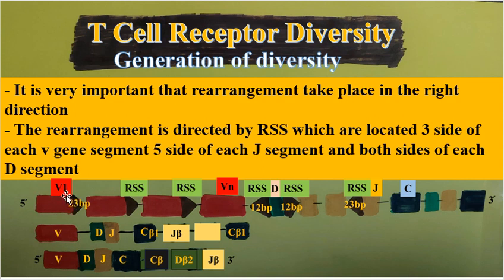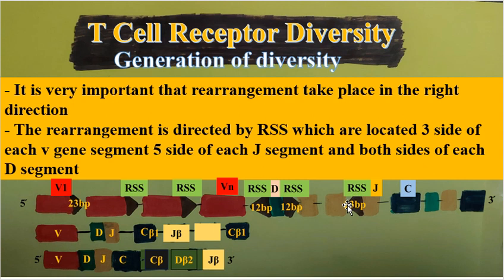This is a variable gene segment, and this is the 3' side. As can be seen here, it is 23 base pair, and also it is located at the 5' side of the joining segment.